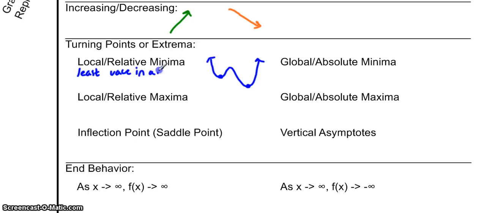In a range. So for example, this right here would be a local minima. The function kind of decreases and then goes back to increasing in this area. But it's not the smallest or the minimum value of this entire function. This one is. The global or absolute minima is the least value over the entire domain.